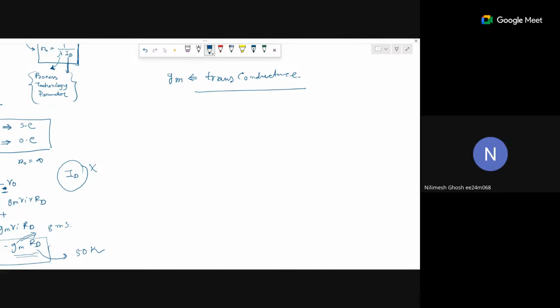What is gm doing? gm is taking some signals, doing something, and giving some output. So I can say that gm equals the change of output due to the change of input, right? So we can say that gm is the measure of change of output by change of input, right?